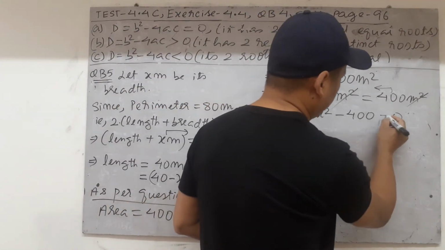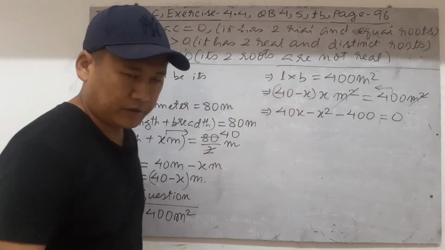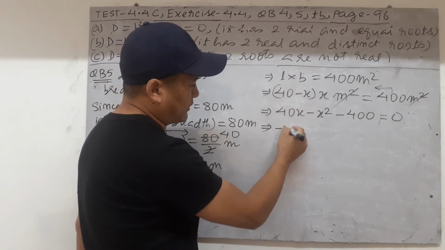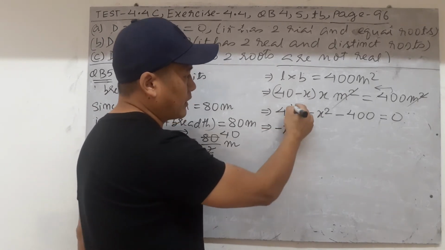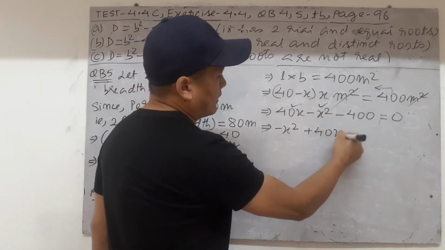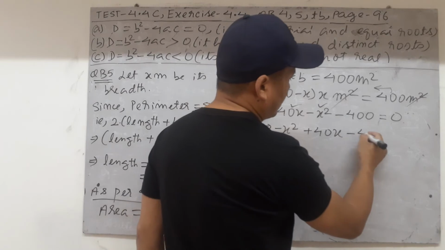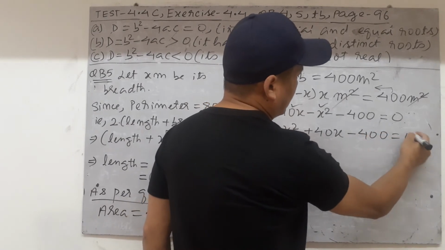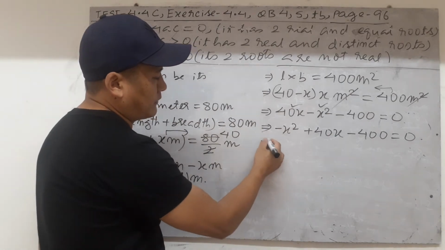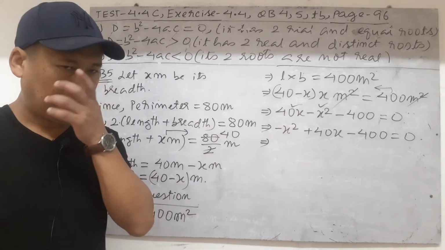Now let us arrange in the normal way of a quadratic equation, with the x squared term first: minus x squared, plus 40x in the second place, and the third term c, having no x, minus 400.